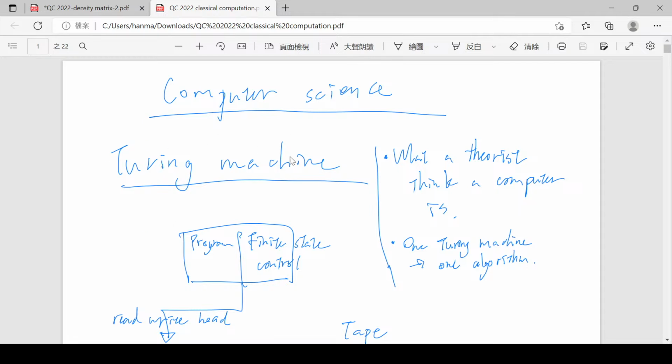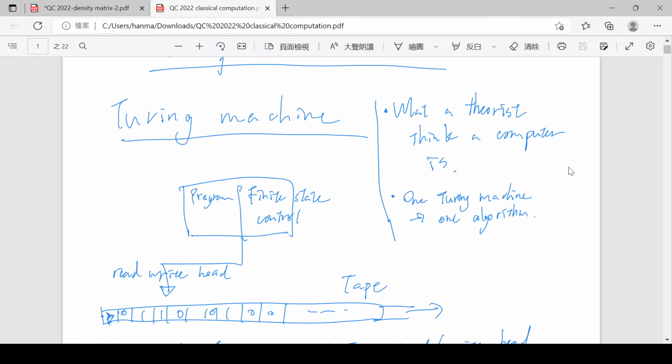So the Turing machine is a very theoretical construction of computers. They are what theorists think about as a computer. Actually, I think this is not quite true. Theorists think about the circuit model a lot more. But if you want to be very fundamental, this is the most fundamental definition of a computer. A Turing machine represents one algorithm, one algorithm to do one kind of computation.